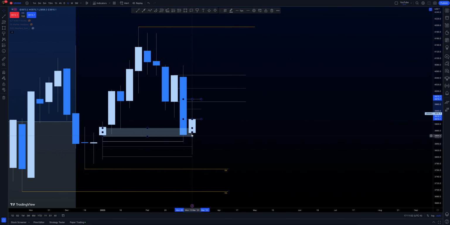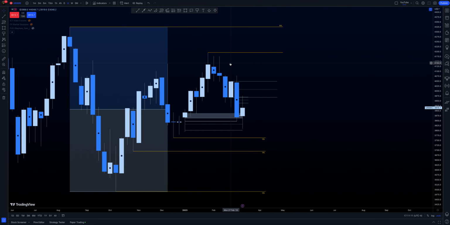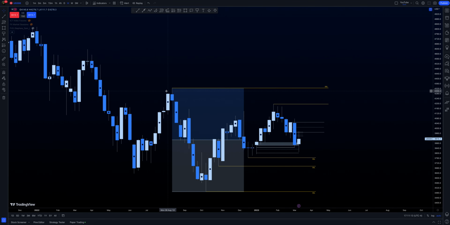We can also have the 50% of this wick here, because those will be areas of interest. But I think what's important is at the moment we've got this low, high, higher low, higher high, higher low. So potentially we could actually push higher to come in and close this imbalance here in price.